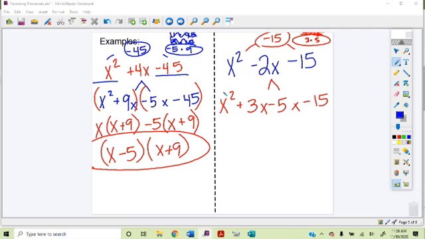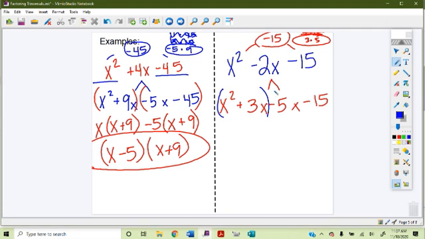Once we get 4 terms, we do grouping. In the first term, the only thing they have in common is x, because this has a 1 in front. So x plus 3 is left. I took the x out of both. Had an x here and a 3 left here. For this one, negative 5 and negative 15 both share a negative 5.